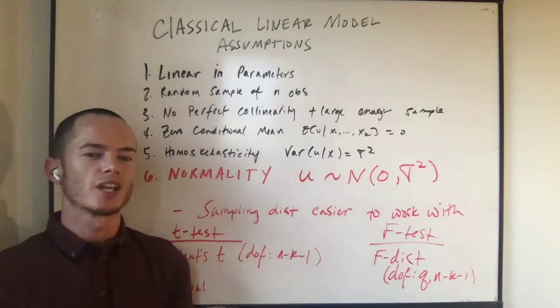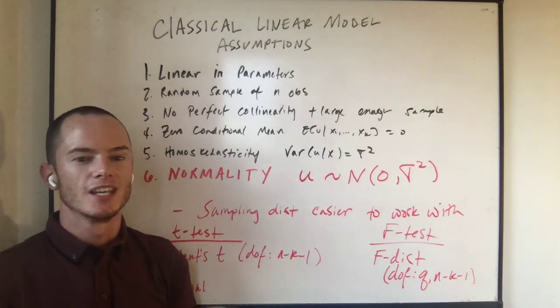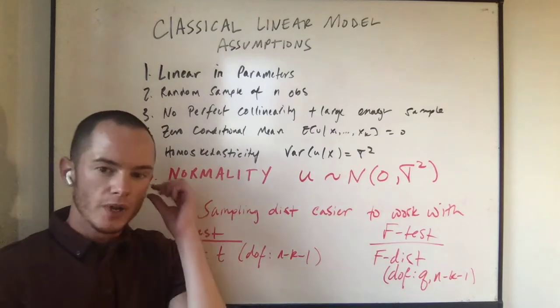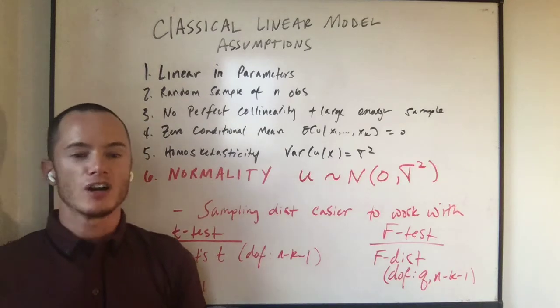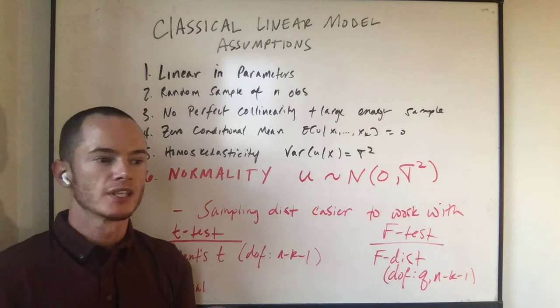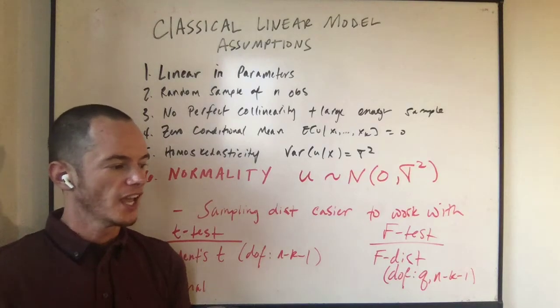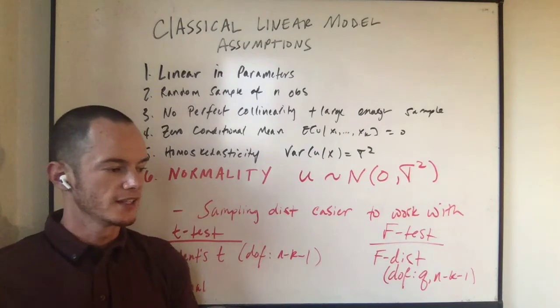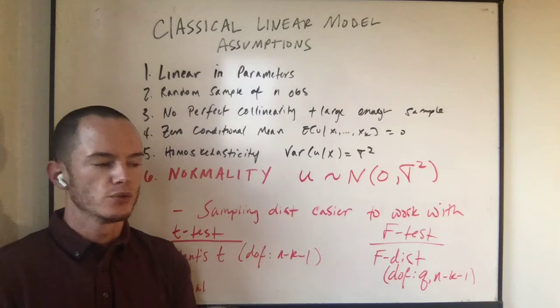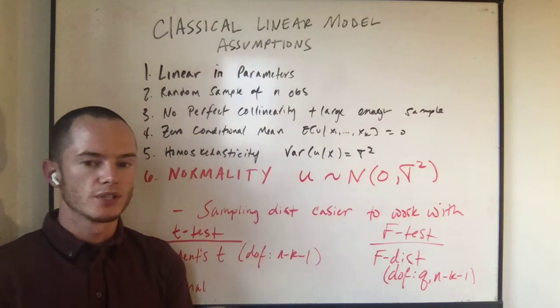This is going to make working with the sampling distributions a lot easier. We don't absolutely need this assumption. If we have large enough samples, then if the errors are close enough to normal, then that is good enough to be able to make inference using these tools.